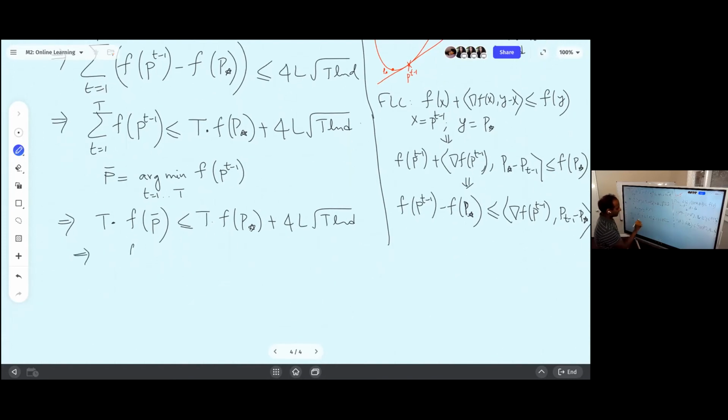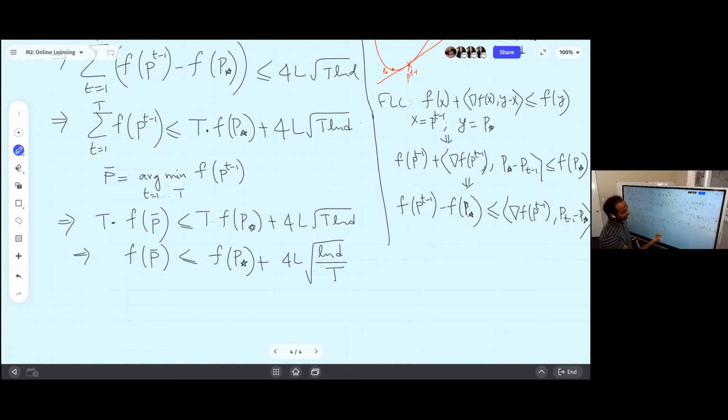So this implies that I am computing a point in the simplex where the value of my function is at most the global optimum plus some term. And what is that term? It is something that goes to 0 as T goes to infinity. As the number of iterates increases, it goes to 0.